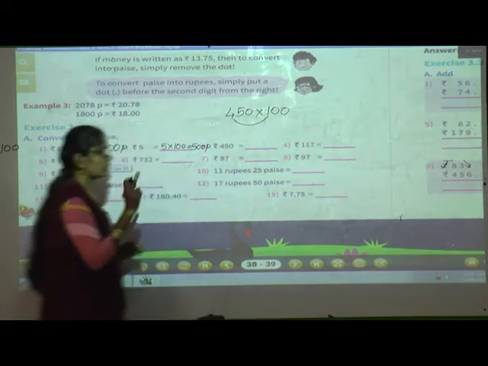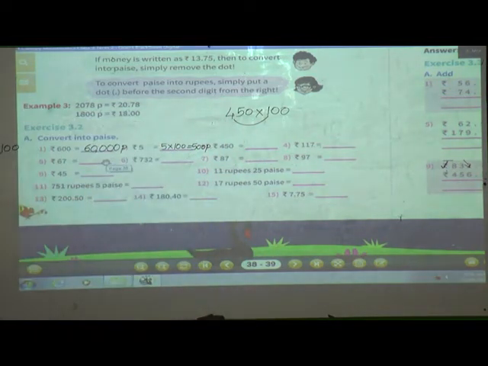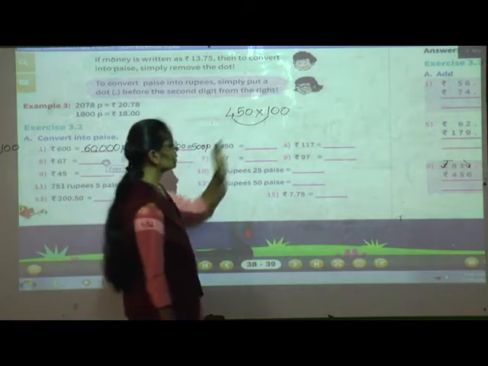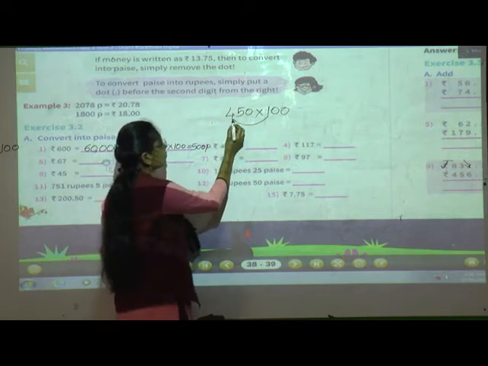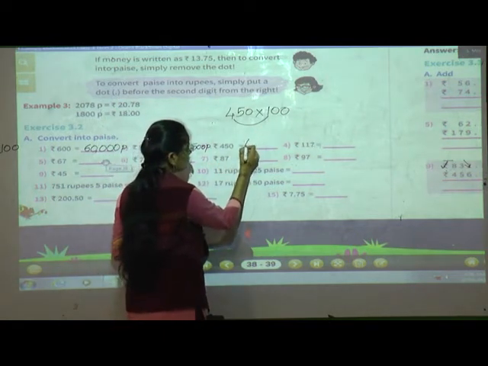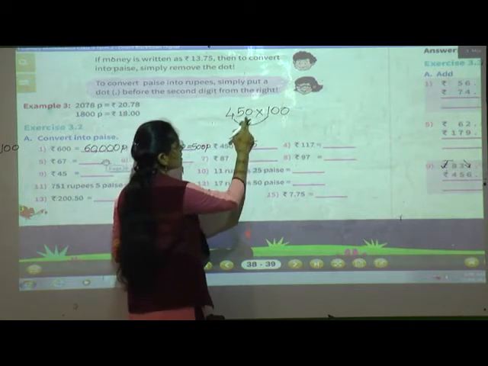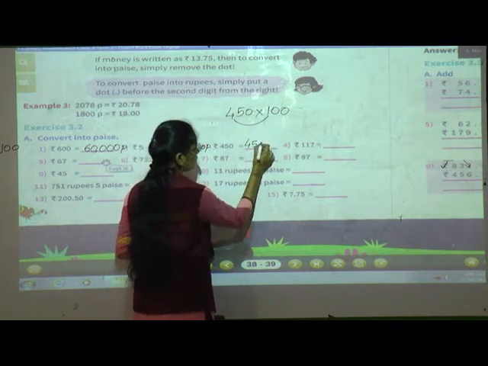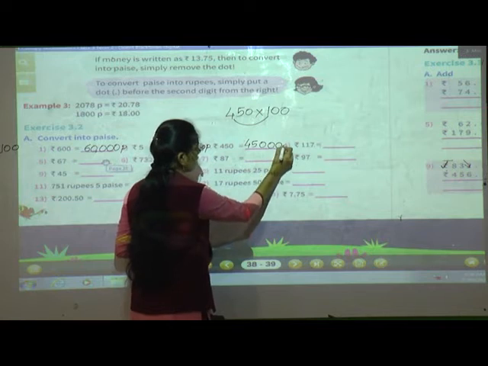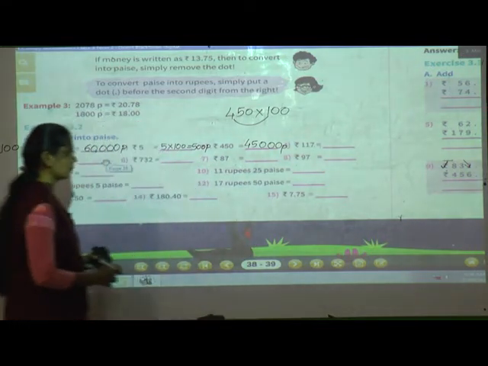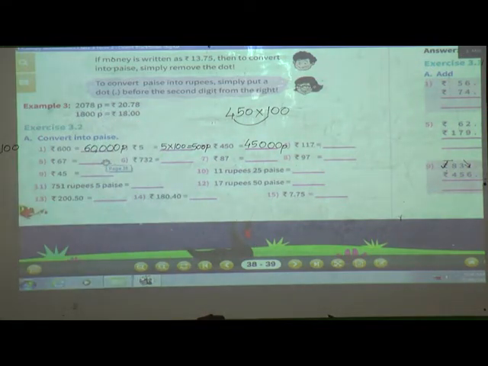If we are going to multiply any number by 100, just multiply it by 1 and then give zeros to the right side. Then 45 into 1, 45 ones are 45. Then count how many zeros are there: 1, 2, 3. So give 3 zeros and the symbol for paisa. So rupees 450 is equal to 45,000 paise.